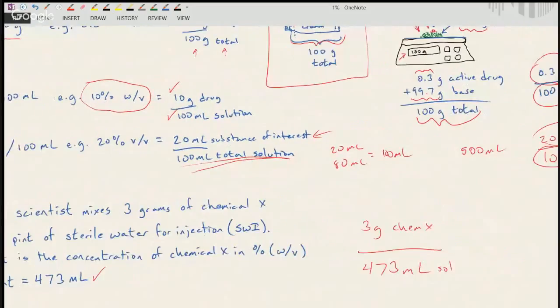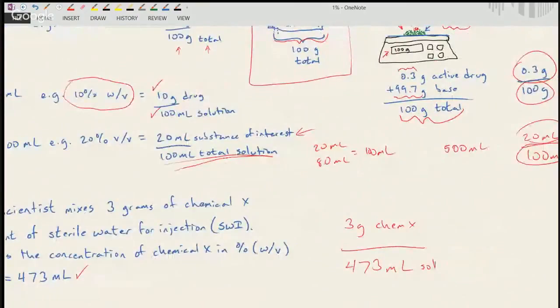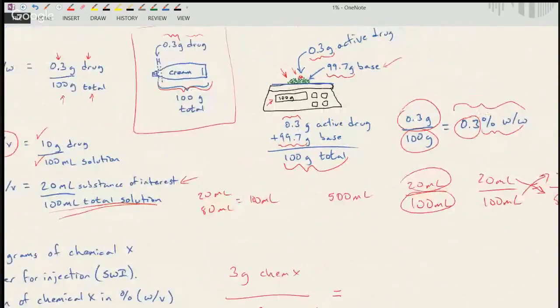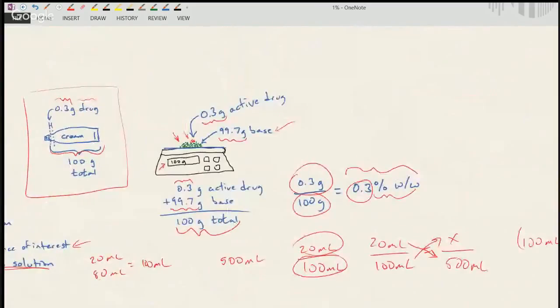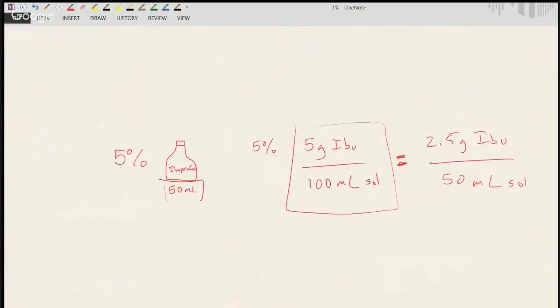Now, assuming that chemical X isn't going to be adding anything to the volume, which you can't always assume, but in this case, let's just assume that, we are asking what is the percent in weight per volume. So how would we set up this problem?